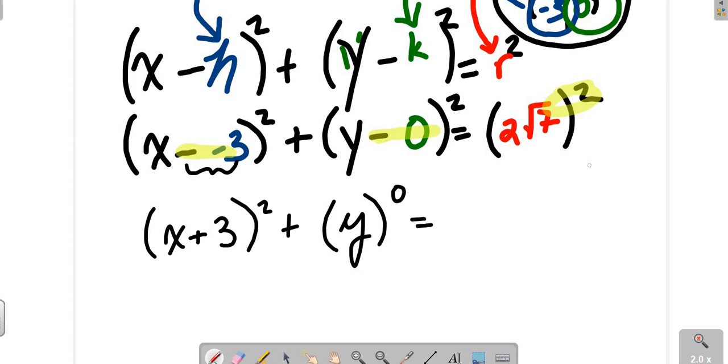Now this, let's do in the margin so you don't make a mistake. 2 root 7 times 2 root 7. Outies, innies. That's going to be 4. 2 times 2 is 4. Root 7 times root 7 is 7. So 4 times 7 is 28.